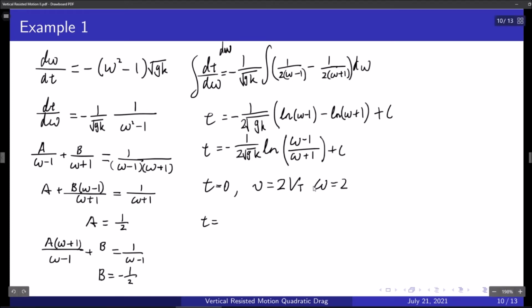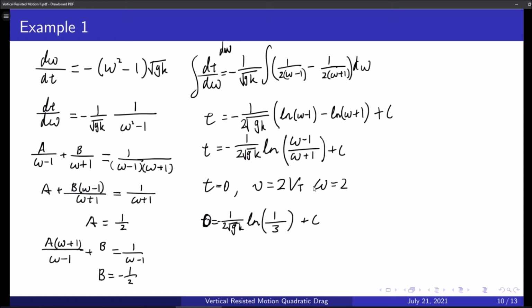Okay, so we can substitute everything in. So when t equals 0, 0 equals negative 1 over 2 square root of gk log, so 2 minus 1 is 1, over omega, so 2 plus 1 is 3, plus c. Okay, so what does that give us?